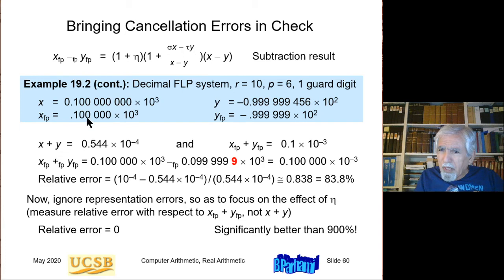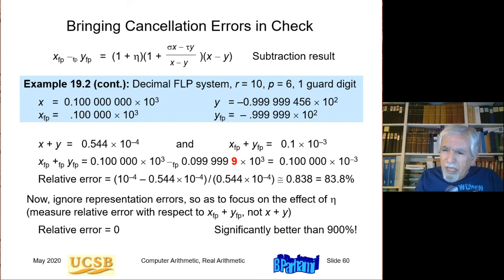So the exact sum of x plus y, we can compute, and it is 0.544 times 10 to the minus 4. Now assume we didn't know the exact values of x and y, we were just given the floating point representations. The exact sum of these two values is 0.1 times 10 to the minus 3.